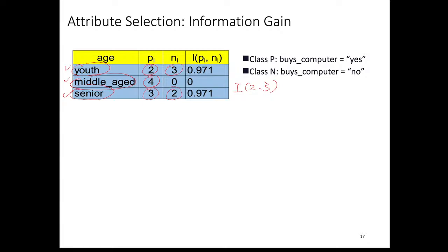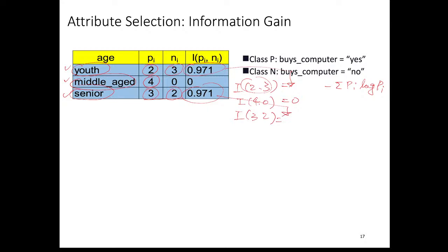Group number 2, we have info(4,0). For group number 3, we have info(3,2). And we know that this is 0, and this is 0.971. You just plug in the formula, which is the negative summation of pi log pi, right? And in this example, P1 and P2 are 2/5 and 3/5 respectively.